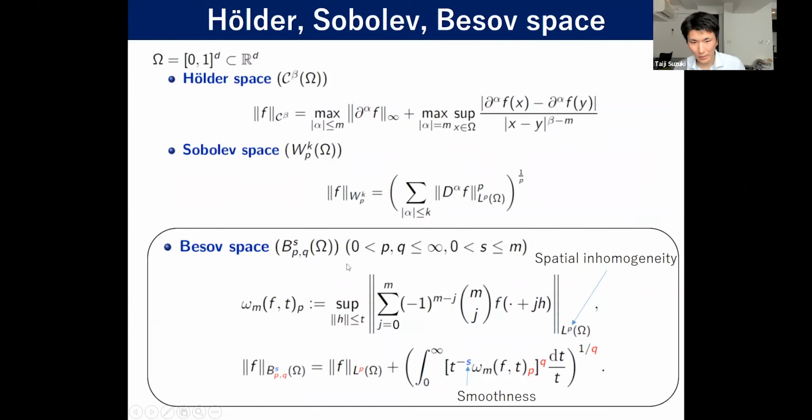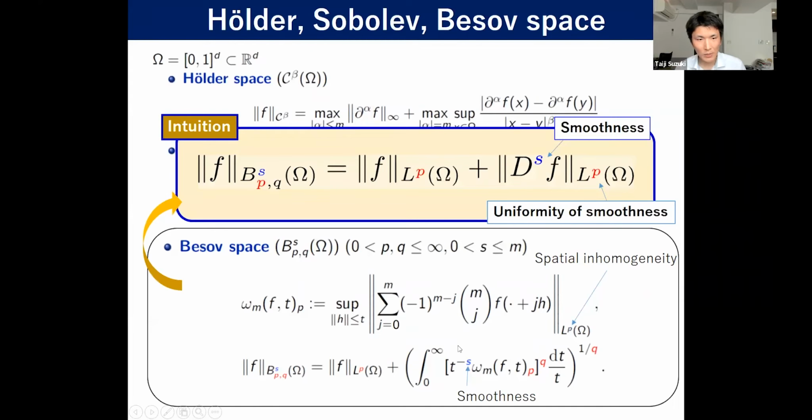But this is too complicated, so instead of explaining the precise definition, I give just an intuitive definition. The function f in the Besov space should have a finite norm defined by this one.